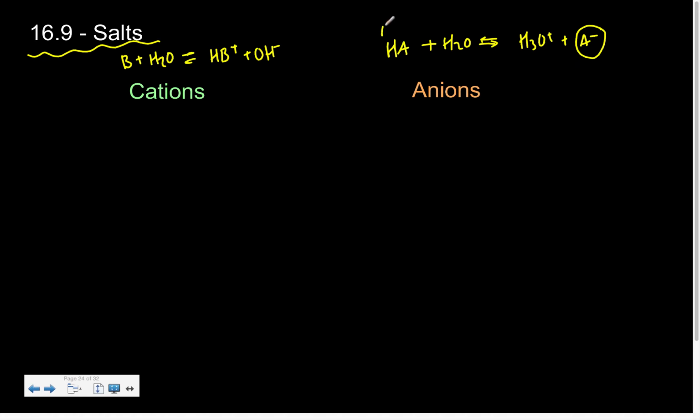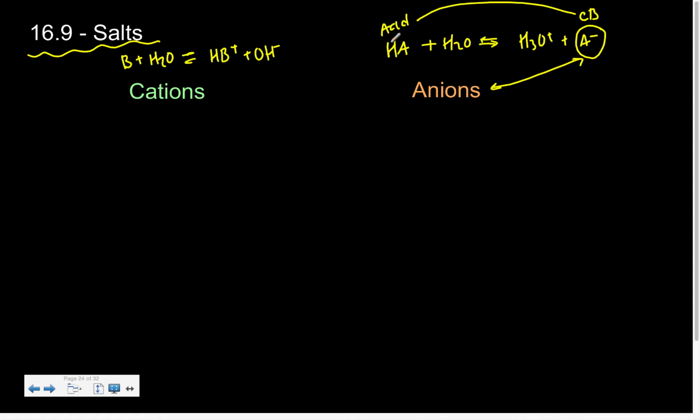So here's my acid, and here's its conjugate base, which means that the anion of a salt can be thought of as the conjugate base of an acid.